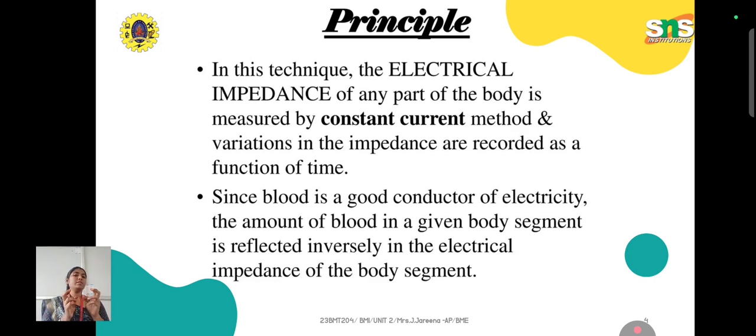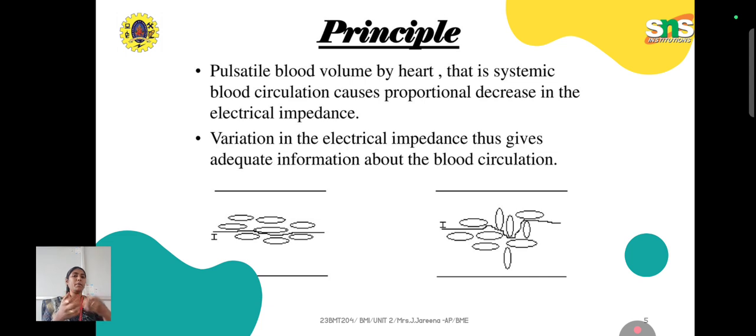You know that blood is a very good conductor of electricity, so blood is inversely proportional to your resistance, that is your electrical impedance. Whenever you have a pumping action, your blood starts to flow in the blood vessels.